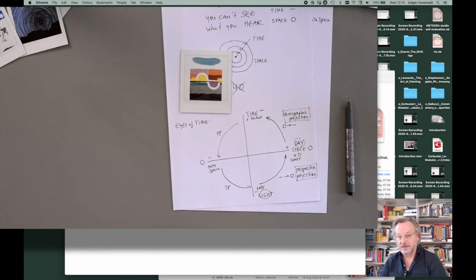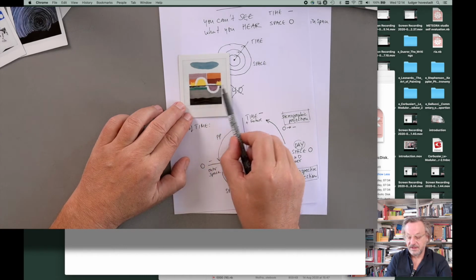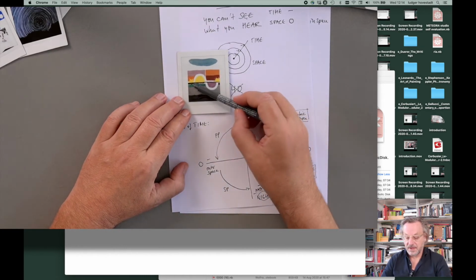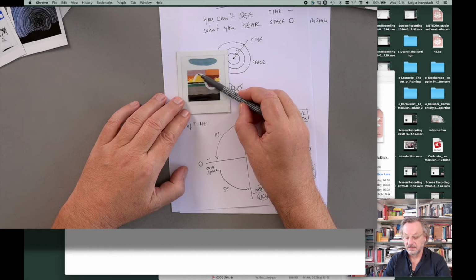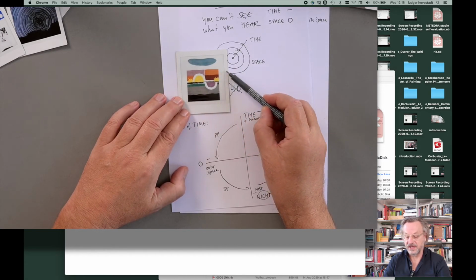This is what we have, for example, with an illustration by Corbusier. He said this is his most important invention. And he goes with the time. And then he says, sunrise, sunset, sunrise again.